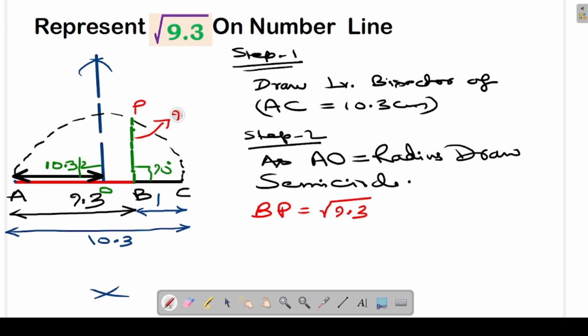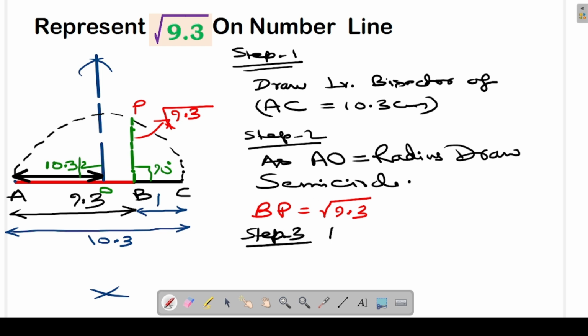How it comes, we will explain in detail, and also how we can cross check whether our answer is right or wrong. I will explain the details soon in this video only. So the length of BP is root over 9.3.